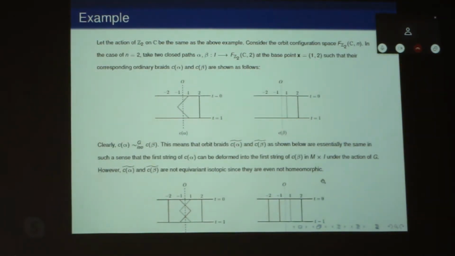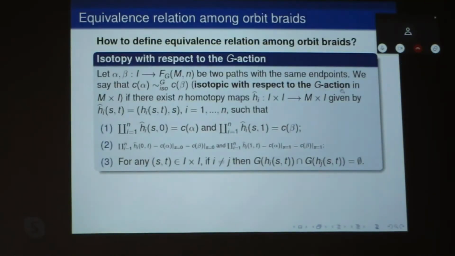That means we cannot use equivalence as isotopy to define the equivalence relation on orbit braids. We need to consider this G action. Here we define isotopy with respect to the G action. This is not the ordinary isotopy, but we also need to consider the G action.